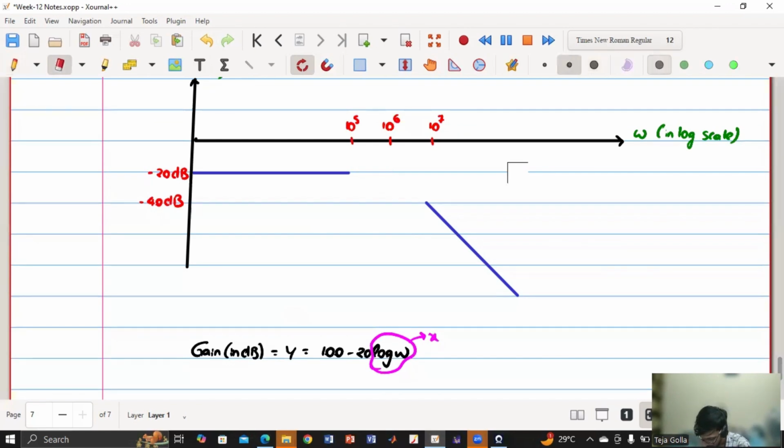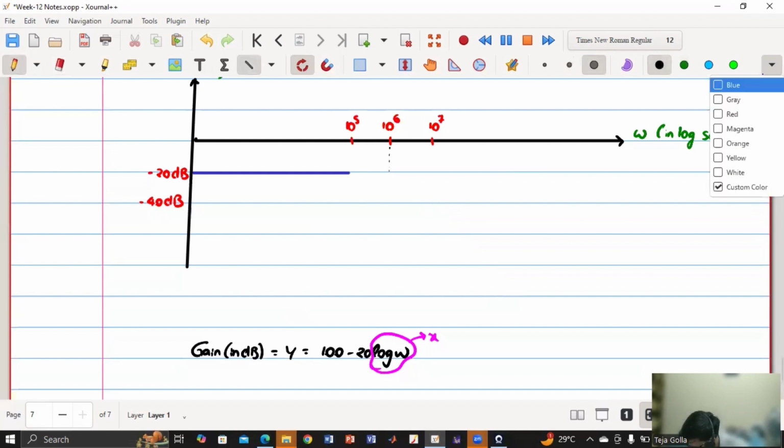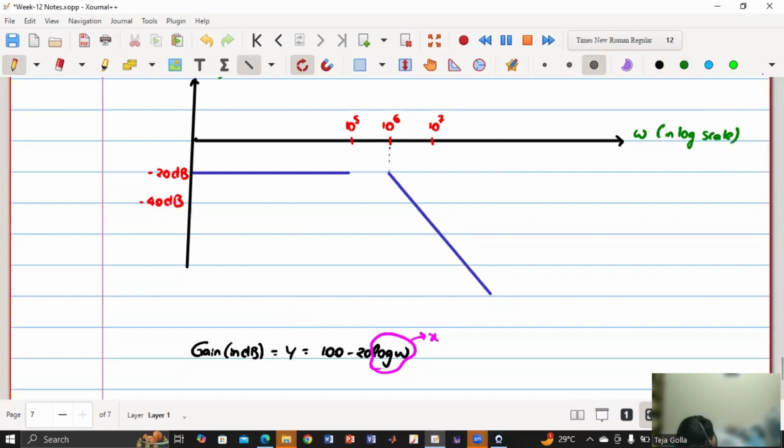Yeah. So basically, maybe let me draw it in a nicer way. So basically, if you are considering the approximation, it is falling from here with minus 20 dB per decade. But actually, the value is something different. And that something different value is here, it is minus 23 dB.